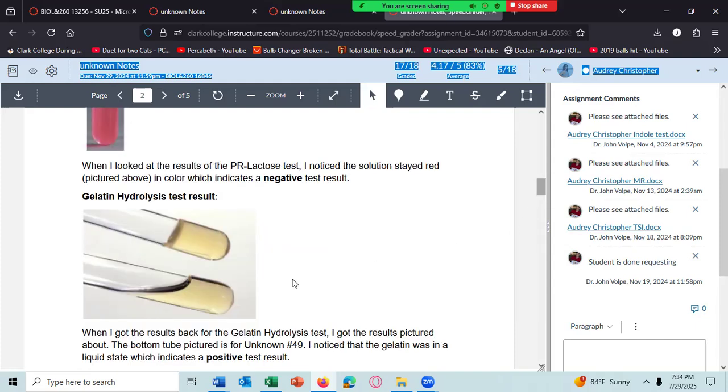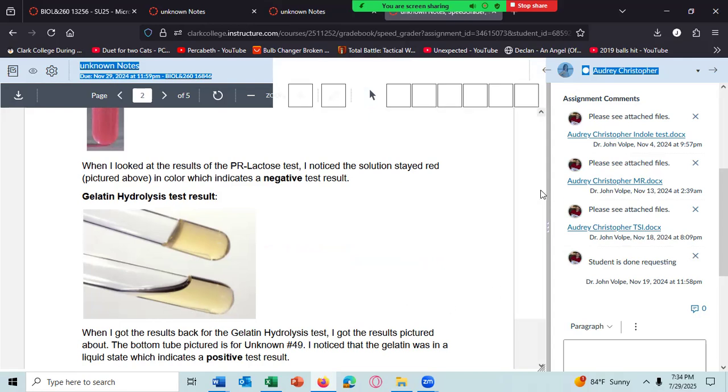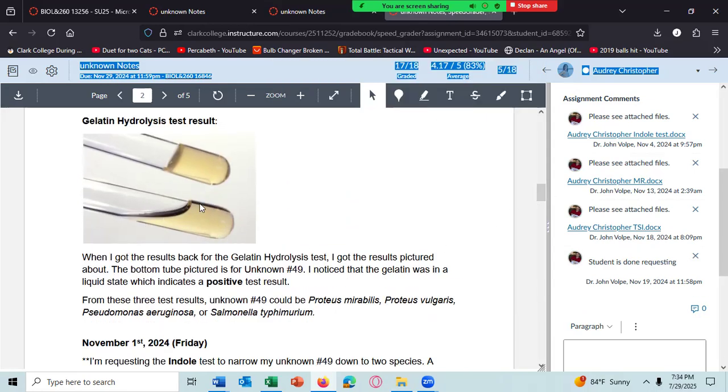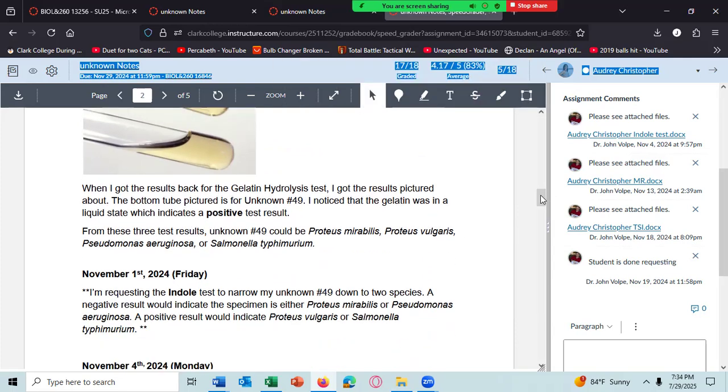Here's the gelatin test. Which one is theirs? Bottom tube is the unknown. So is gelatin positive? Is their interpretation? The result is that the gelatin is liquid. The interpretation or conclusion is the gelatin test is positive.